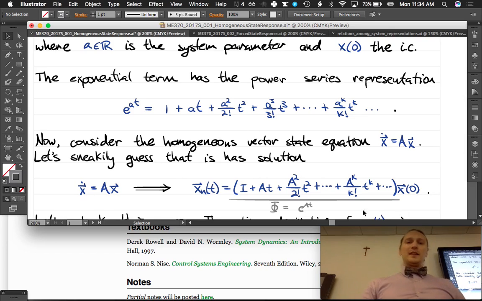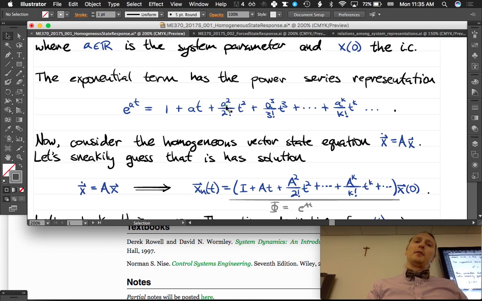So one way to solve the differential equation is to guess what the solution is and then check and see if it's right. So let's just be sneaky and guess. Maybe it has the solution, instead of a 1, let's try an identity matrix, which is sort of like a 1. A, the scalar, let's try the A matrix there, times t.